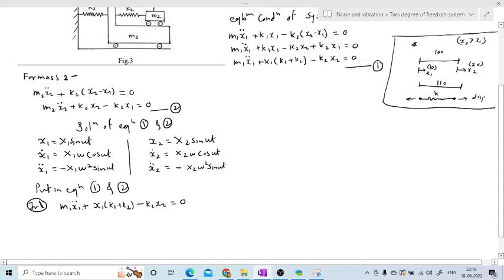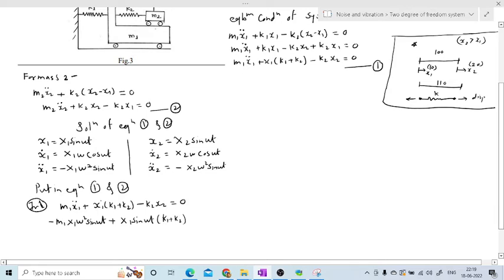Now put the value of x1 double dot here. So m1 will remain as it is, and as this has minus, so minus x1 omega square sine omega t, plus x1 sine omega t into bracket k1 plus k2.